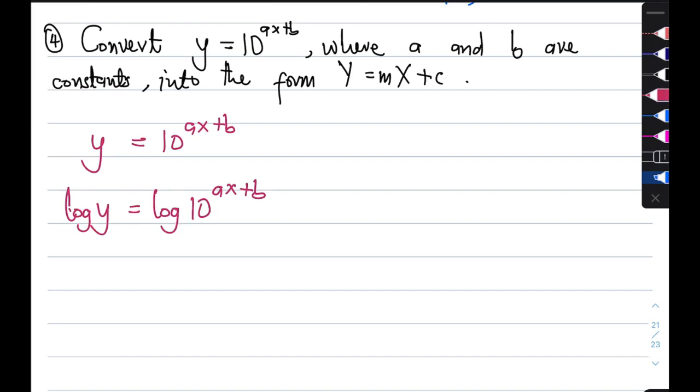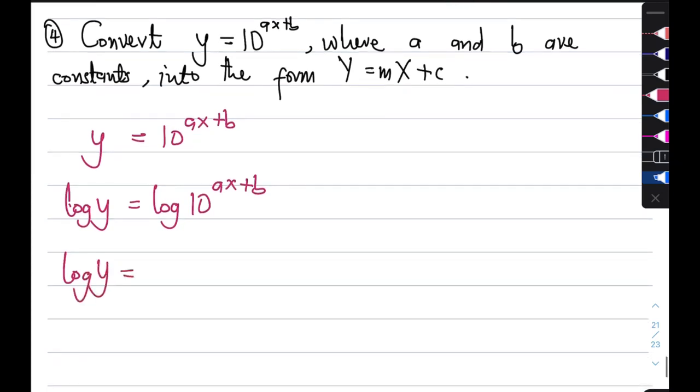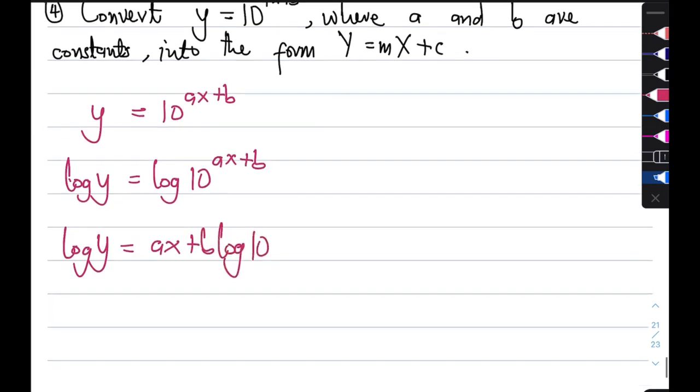All right, so we can apply the laws of log over here. So log y is equal to ax plus b log 10, but log 10 is actually 1, so that just gives us log y is equal to ax plus b.